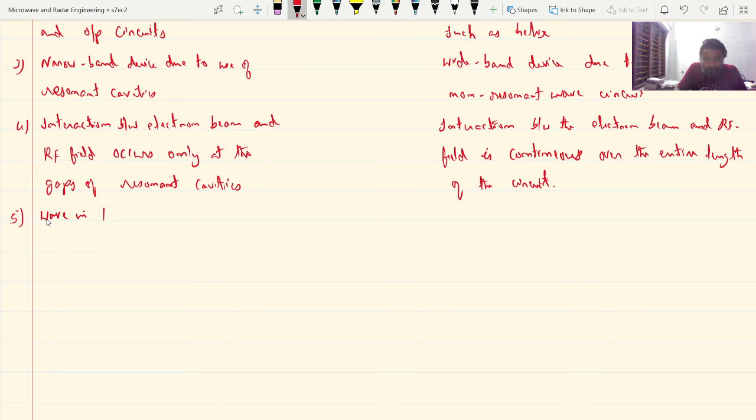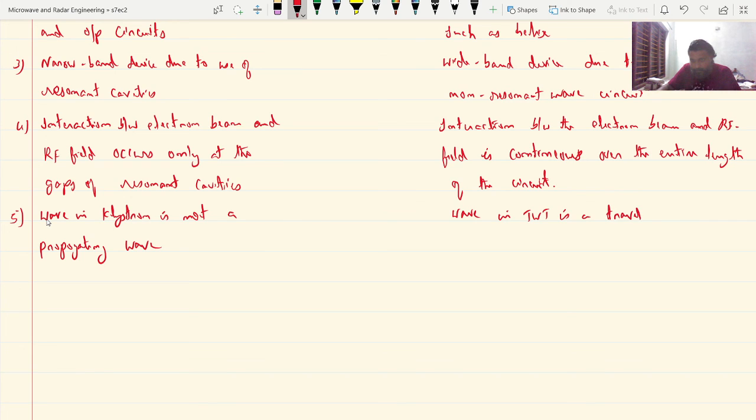Here, the wave in the TW tube is a traveling or propagating wave.